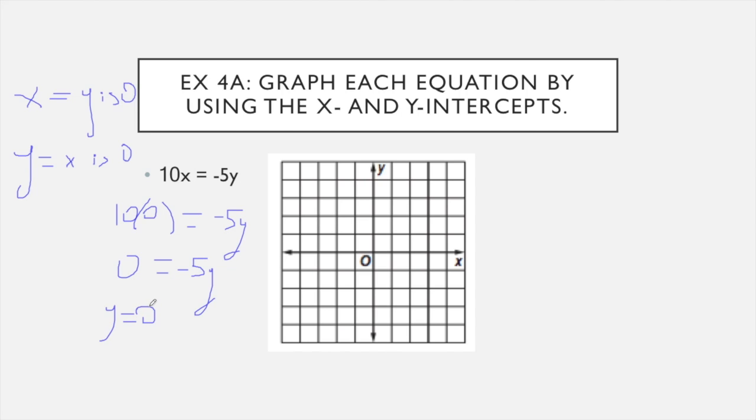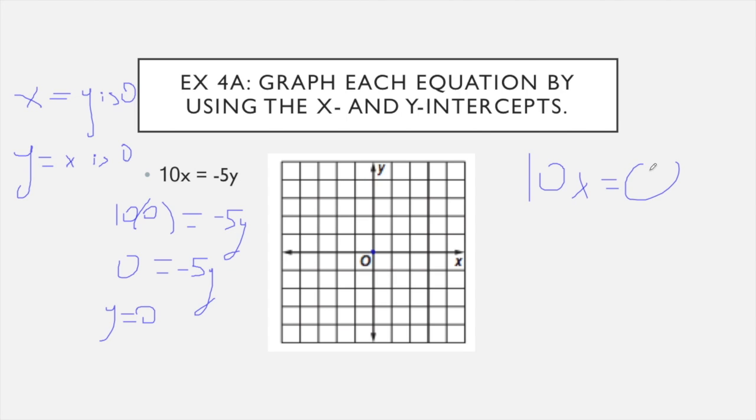So my y-intercept is at y equals 0. Right here. What is my x-intercept going to be? Well, if I plug in a 0 for y, what do I get? Well, 10x equals, if I plug in a 0 for y, this whole thing becomes 0. -5 times 0 is 0.